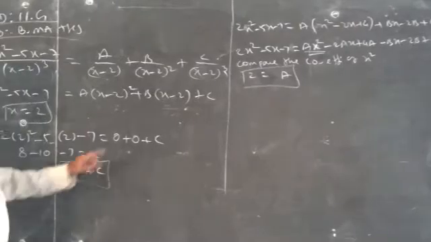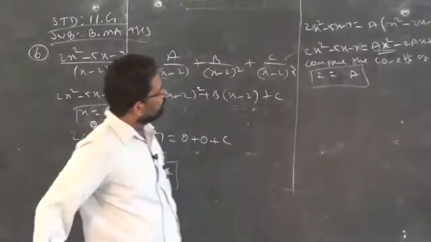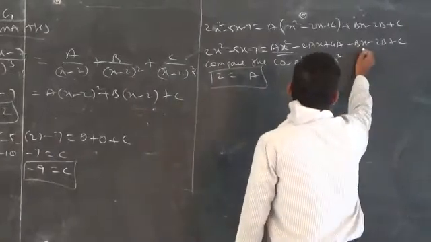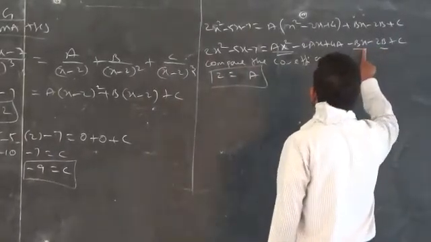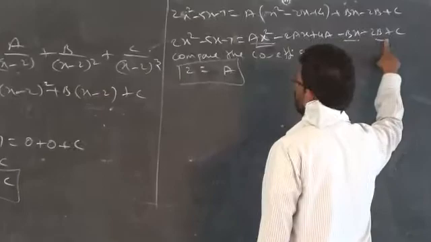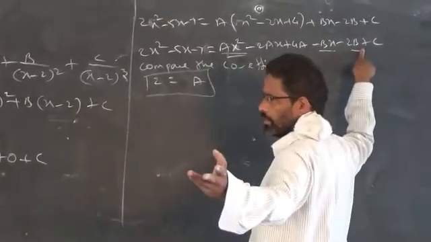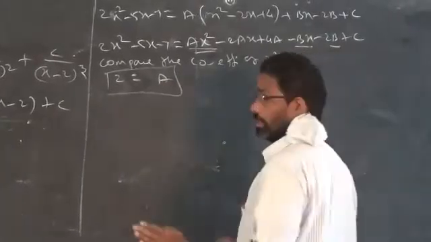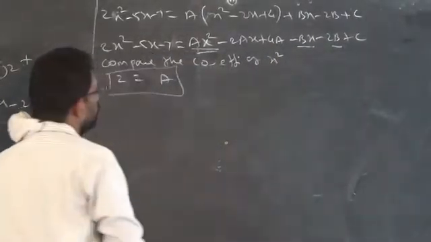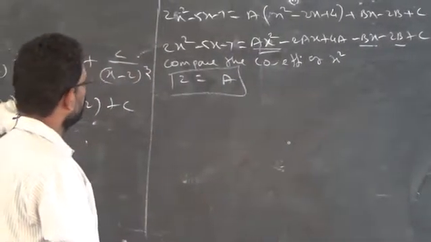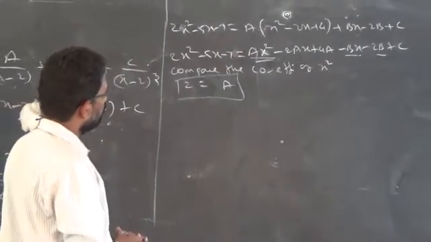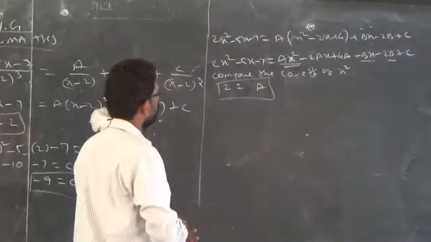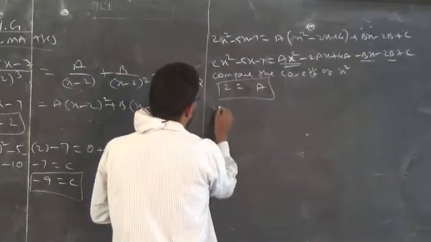Now I need to find only the value of b. You check whether b is consisting of x as well as constant. It is your choice whether to compare the constant or the coefficient of x on both sides. So now I am comparing the coefficient of x.